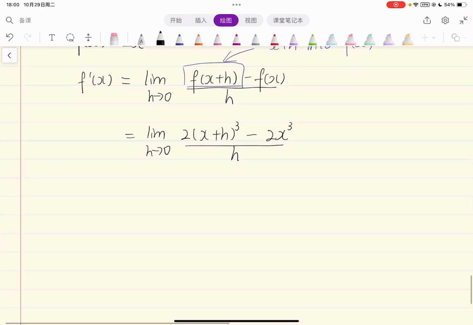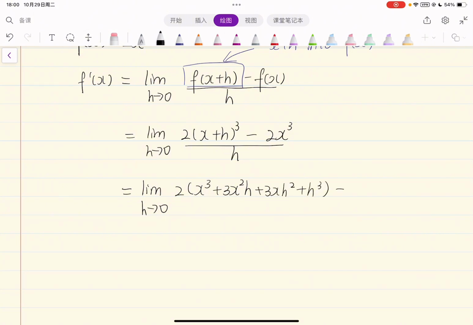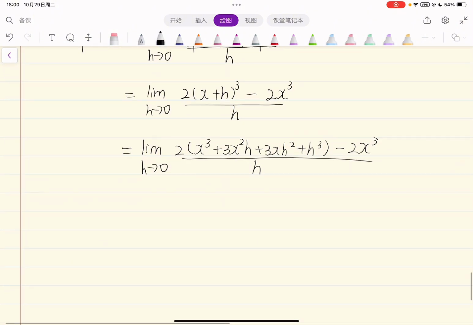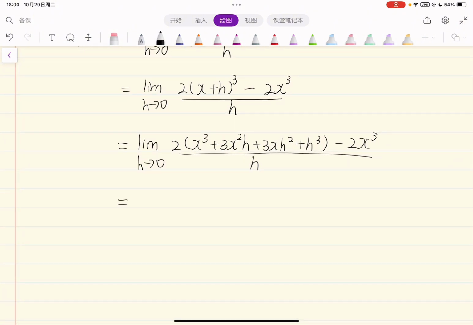And we expand the bracket: the limit as h tends to 0 of 2 times (x cubed plus 3x squared h plus 3xh squared plus h cubed) minus 2x cubed over h. It equals the limit as h tends to 0 of 2x cubed plus 6x squared h plus 6xh squared plus 2h cubed minus 2x cubed over h.